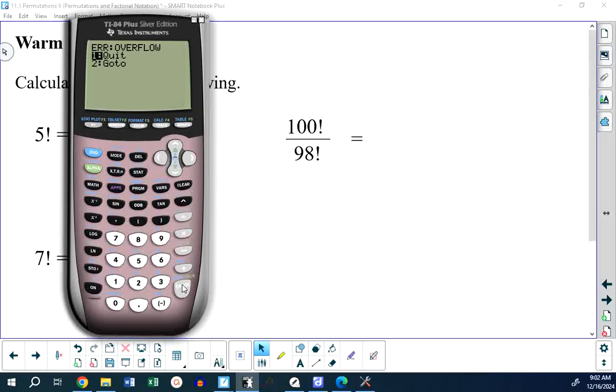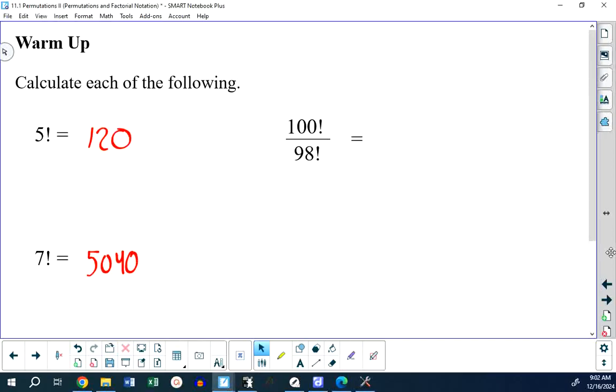However, does anybody know what 100 factorial over 98 factorial is? What is it? 9,900. Why should that be? Well, go ahead and explain it, Hunter. What's your thinking there? When you get 100 factorial, it's everything from 100 underneath.